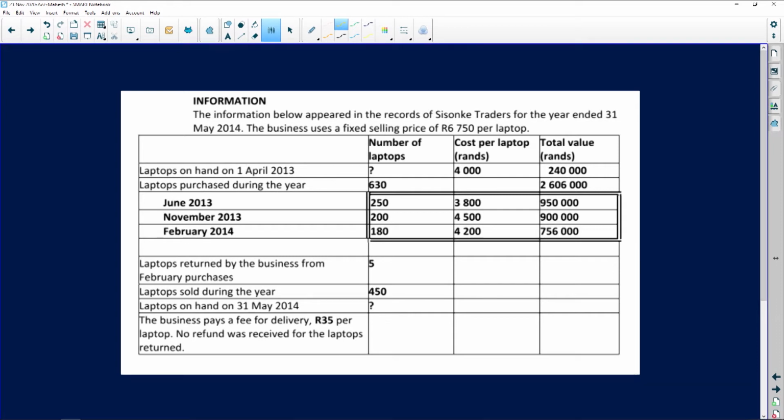So we've got 2 laptops that are missing, and in February we paid 4,200, but remember there's also that additional 35 Rand for your delivery cost. So 2 times 4,235, and that will give us the value of the 2 laptops that are missing.